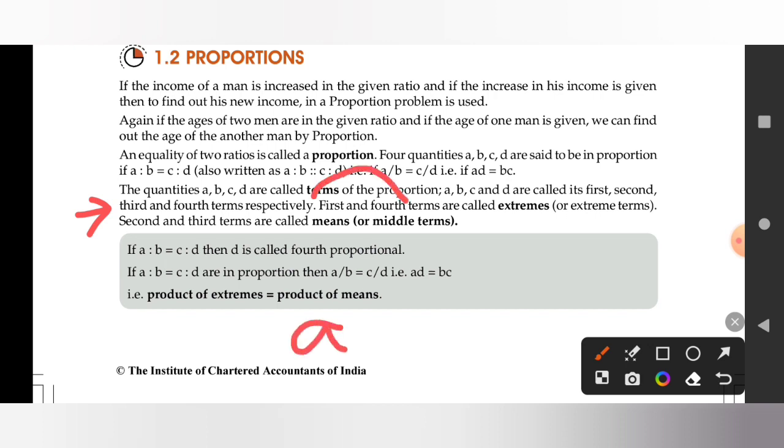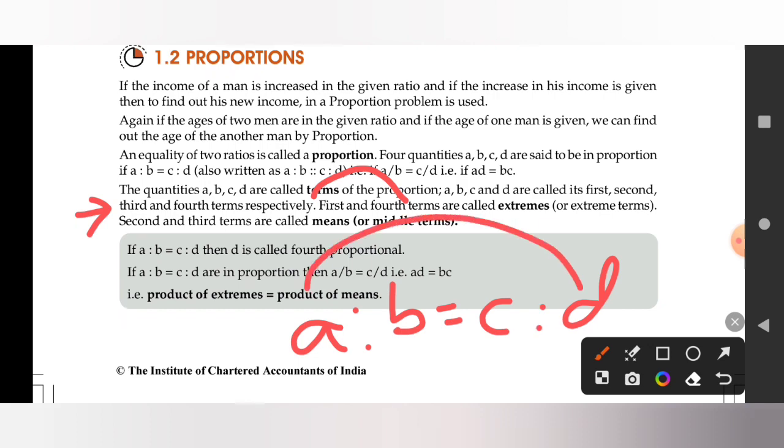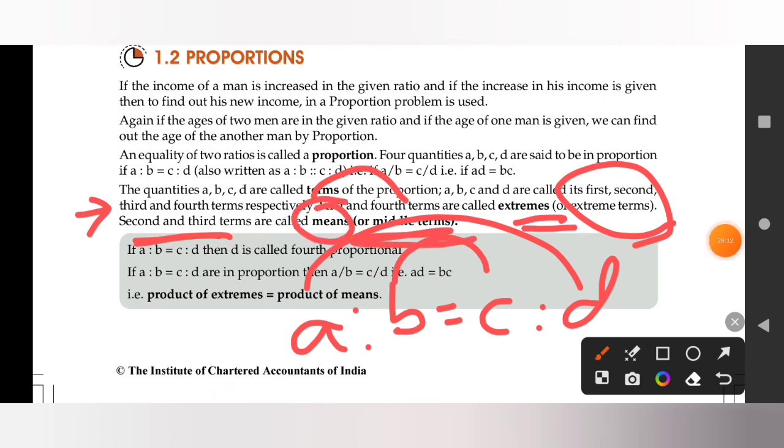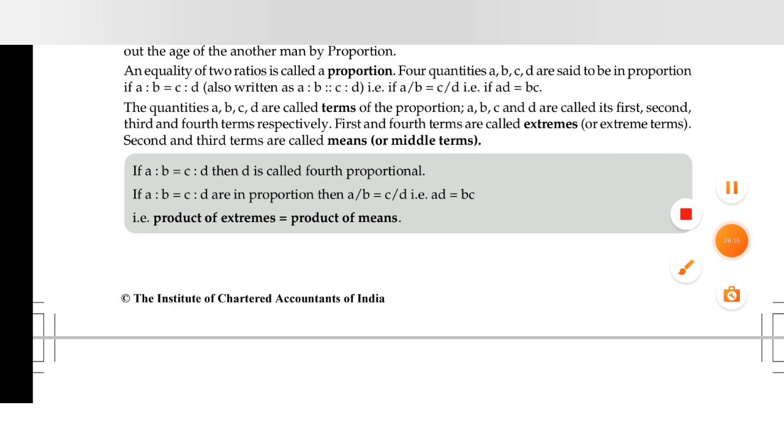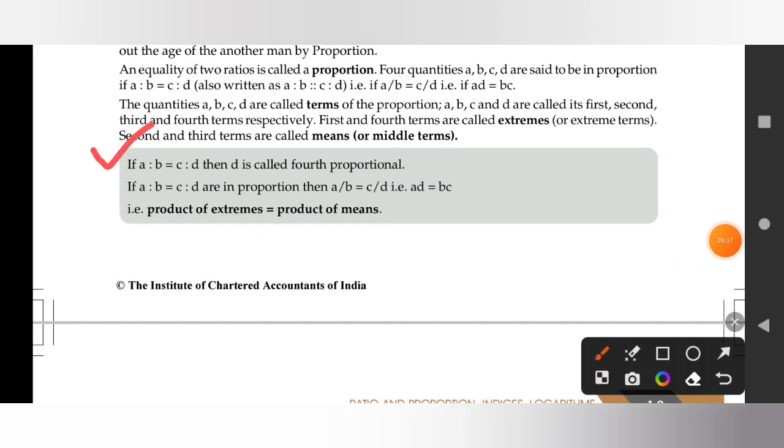First and fourth are called extremes or extreme terms, and second and third are called means or middle terms. B and C are middle terms. So if A is to B is equal to C is to D, then D is the fourth proportional. This is how we read it.